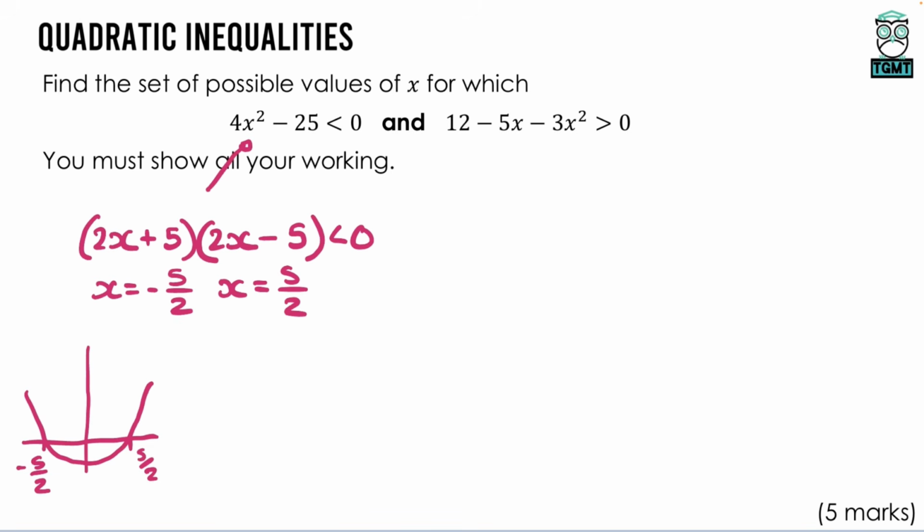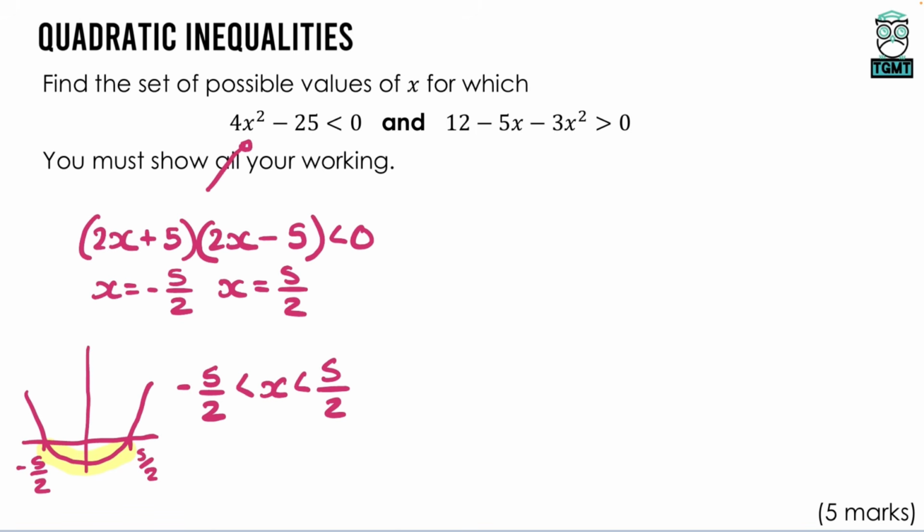And we are looking at the part below 0, so we are looking at the part of the curve under the x-axis, which is one line between 2 points. So when we write our solution for this, we write that x is between negative 5 over 2 and 5 over 2. And that's our first solution there, written as an inequality.